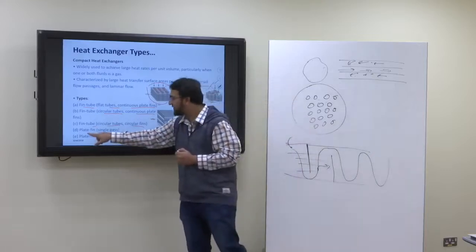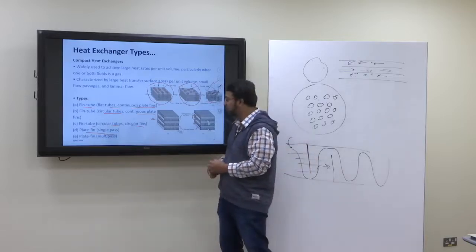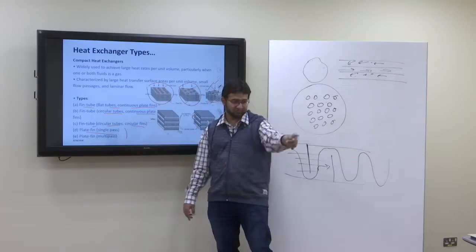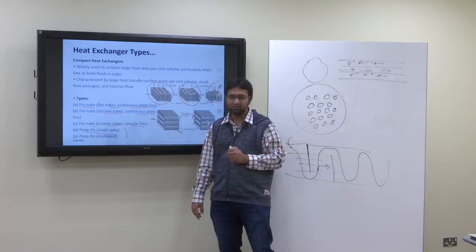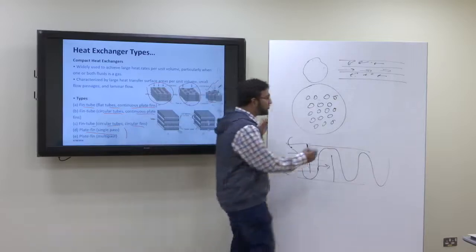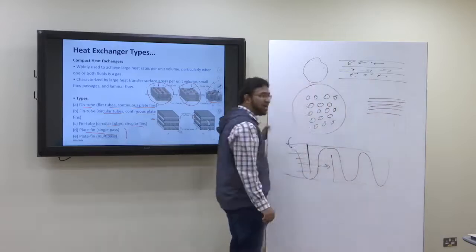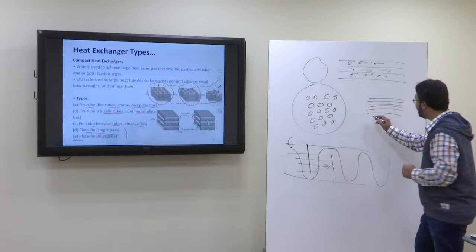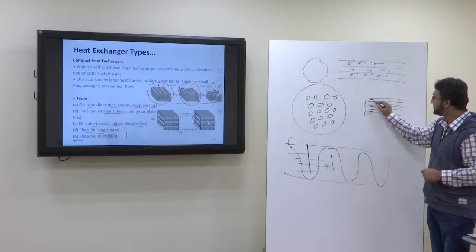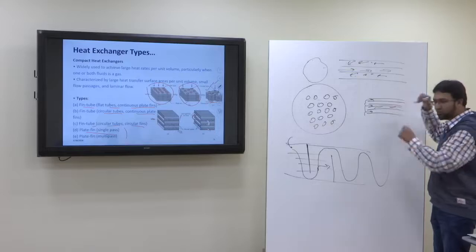Then you can have the plate fin heat exchanger, which could have a single pass. The plate fin heat exchanger is again one of the most common types of heat exchangers. The idea is that you put a number of plates, 1, 2, 3, 4, 5, 6, and you make one fluid pass through alternate plates like this, and the other fluid pass through the other set of plates in the cross flow direction.